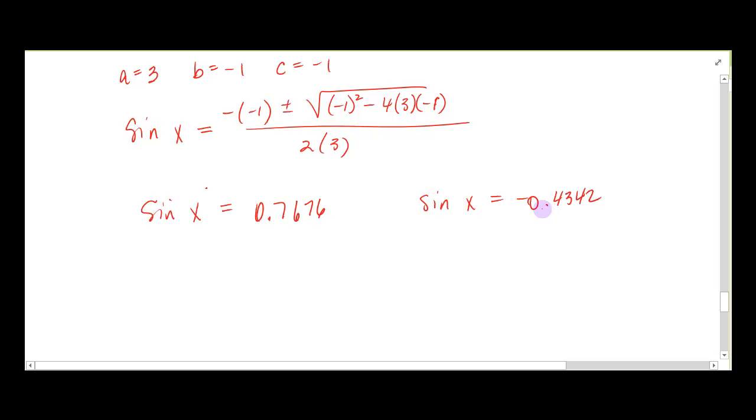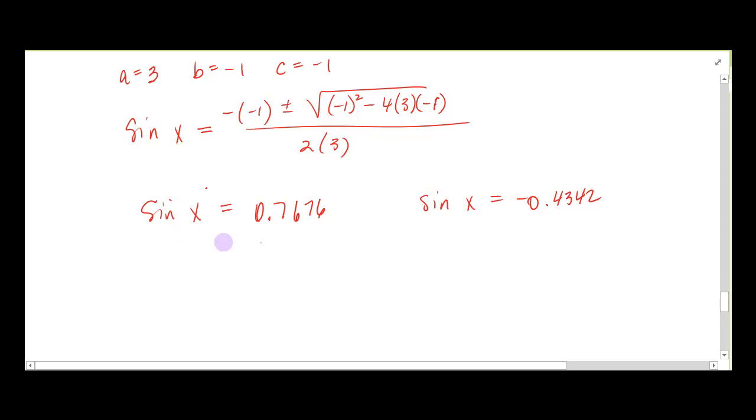So obviously I'm going to have to plug these into my calculator to find out what angle we're talking about. Since we're doing that, let's just address what quadrants we might have going on here.